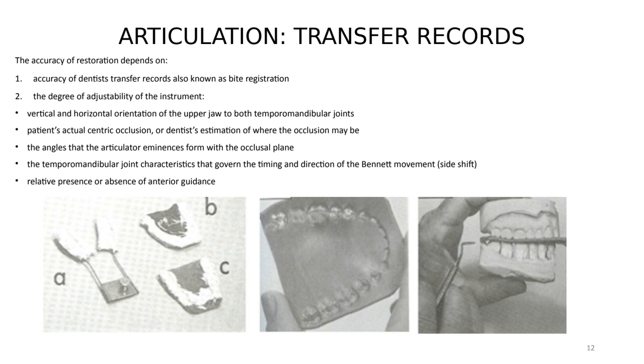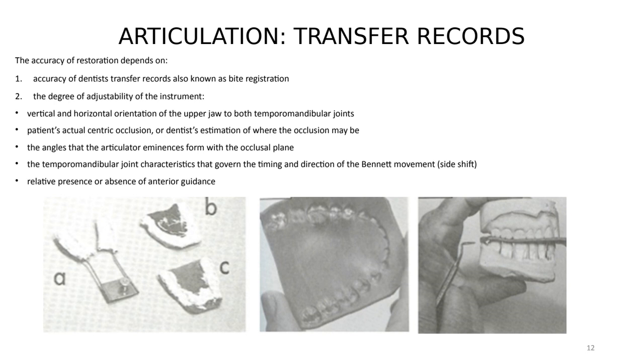We have to be aware of the vertical and horizontal orientation of the upper jaw to both temporomandibular joints. So in other words, how the upper jaw is related to the lower jaw when the patient bites down. The patient's actual centric occlusion, or the dentist's estimation of where the occlusion might be.